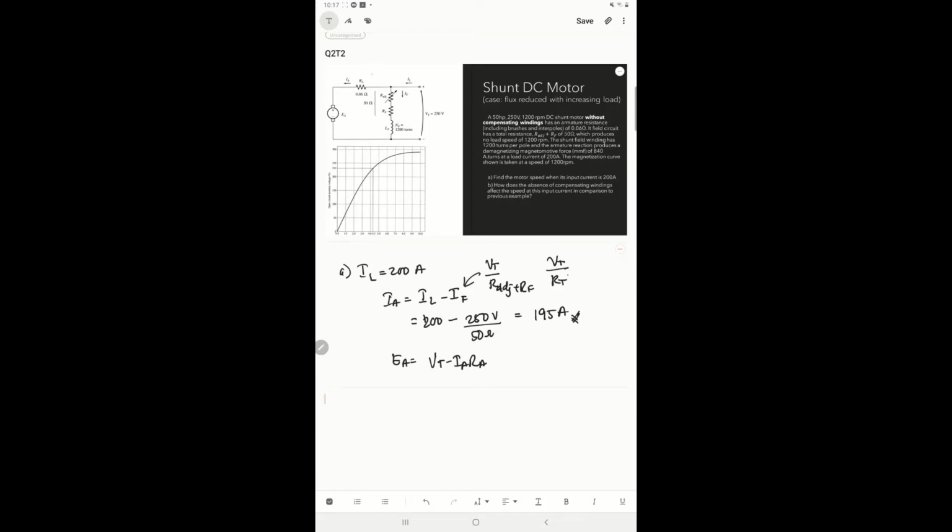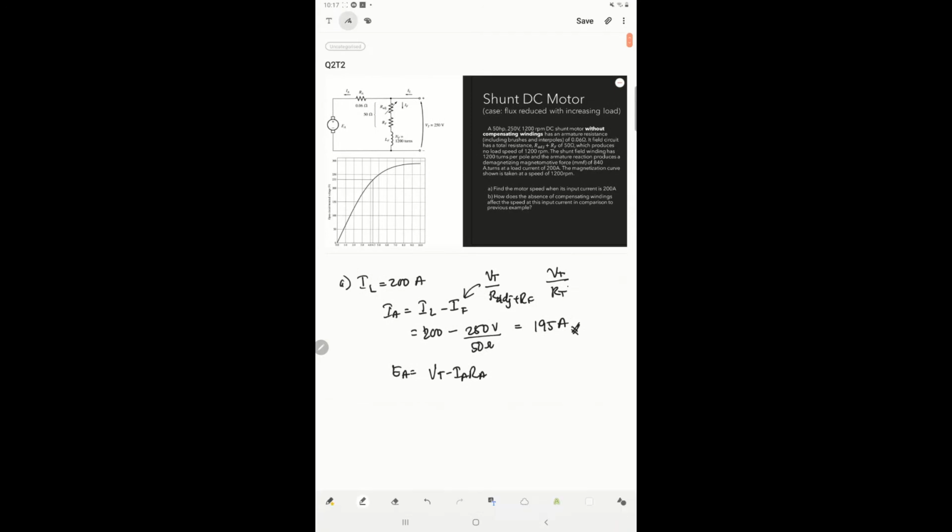When there is no load, IA is equal to 0, so there is no voltage drop. But when there is a current flow, obviously we will have a voltage drop at IA RA. So EA is now simply 250 minus 195 times 0.06, and EA will be 238.3 volts.